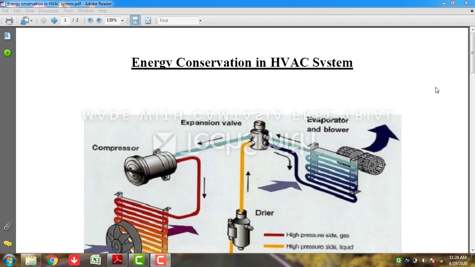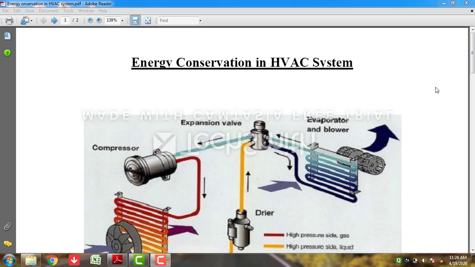As far as the thermal power plant is concerned, the raw material is coal, and if we are burning coal for producing steam, it definitely contributes to pollution. So in all cases we have to concentrate on one thing, and that is energy conservation.